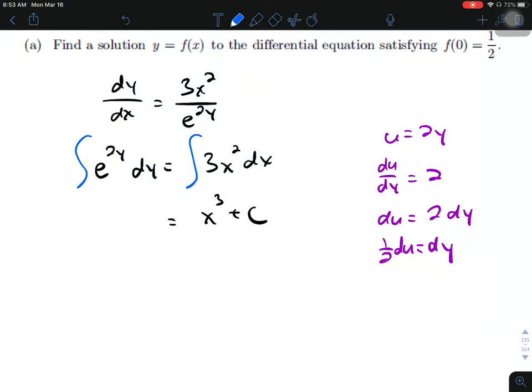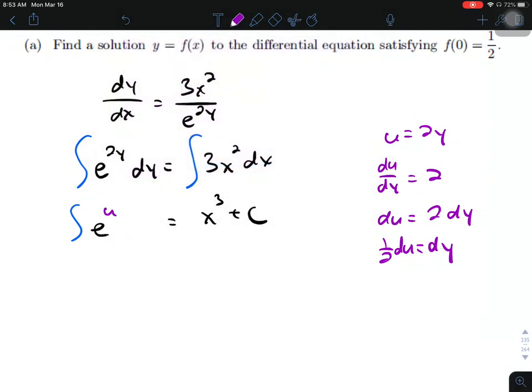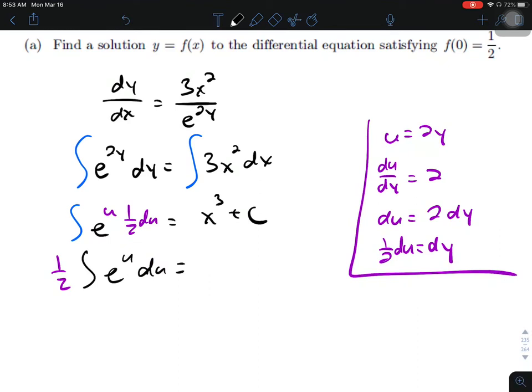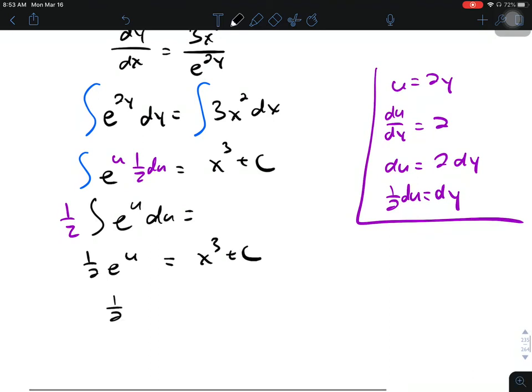So if I replace the 2y with u as promised, and I replace the dy with 1/2 du, I could put that 1/2 out in the front, and then we're just integrating e to the u, which of course is e to the u. U is 2y. So that's 1/2 e to the 2y equals x cubed plus c.